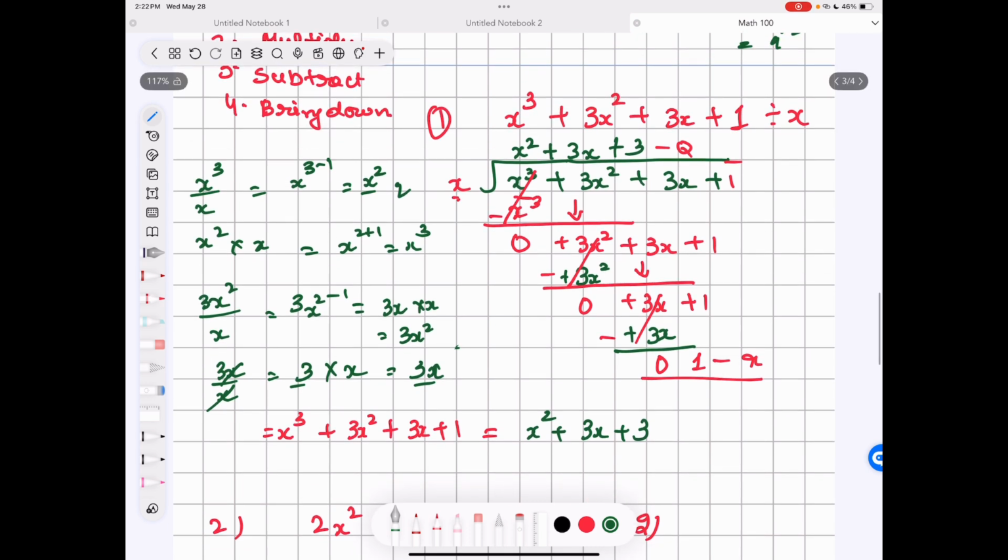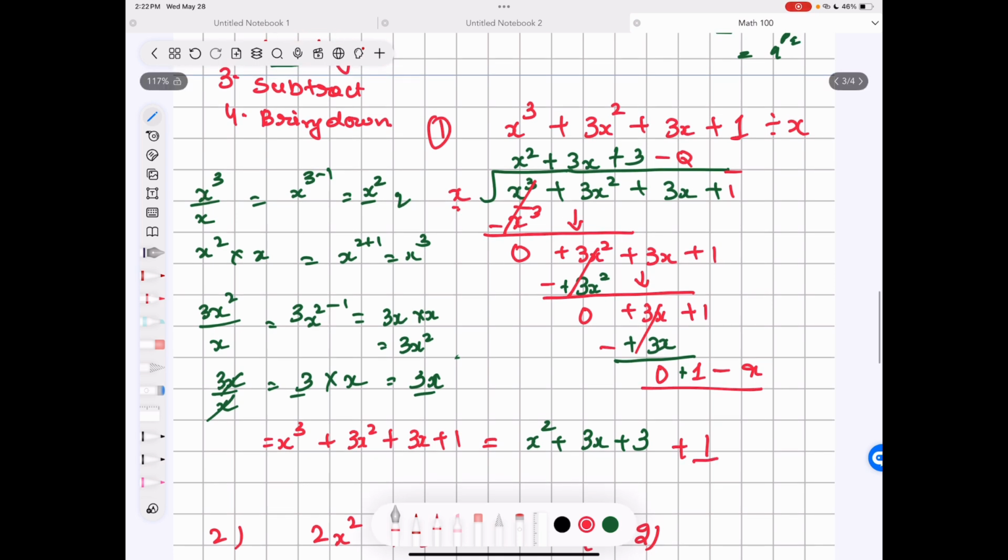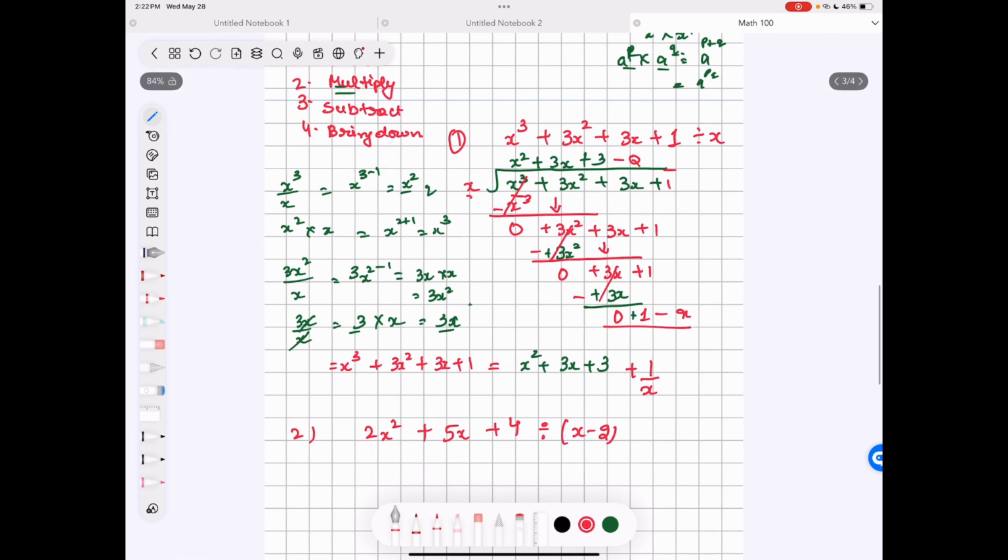And our remainder is 1, which is a plus 1 here. So it's gonna be plus 1 divided by x. This is how we write our answer.